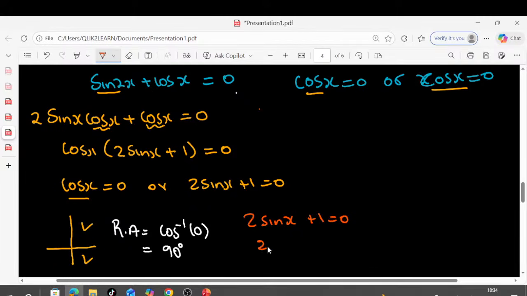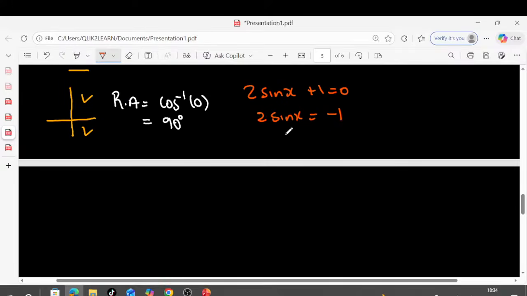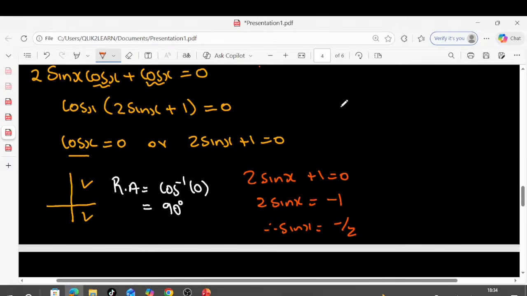Therefore, I'm going to have 2 sine x equals minus 1, divide both sides by 2. Therefore, what is sine x equal to? Minus 1 over 2. So we need to determine the triangle that we're going to work with. Where is sine negative? It's negative in quadrant 3 and 4. Those are the quadrants that we're going to work on.